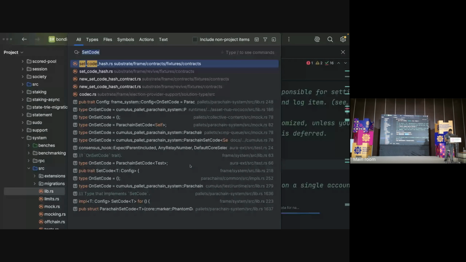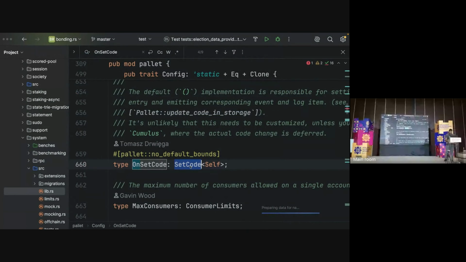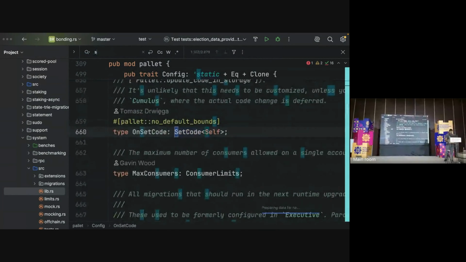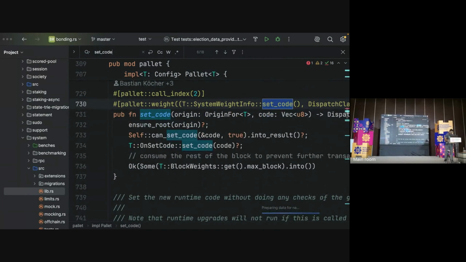Some trait. Somehow, something is sending this extrinsic with root privilege, and we can just update the code. For the next block, we will read the new Wasm code, start our executor, and basically our runtime is updated.